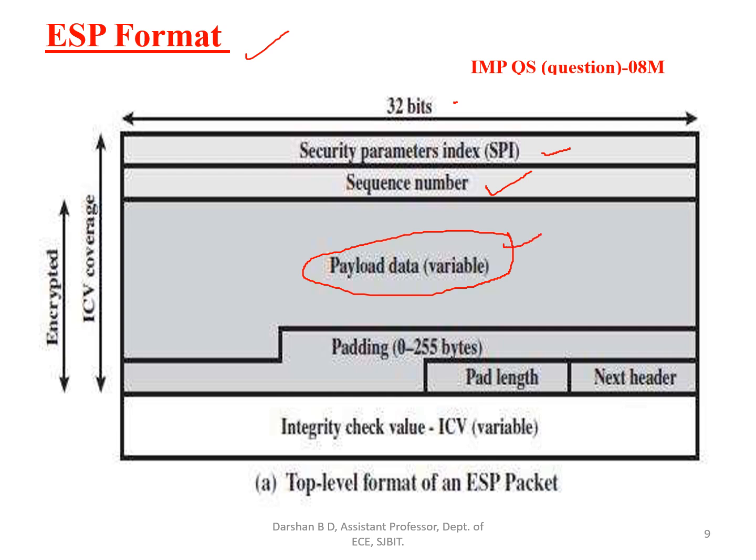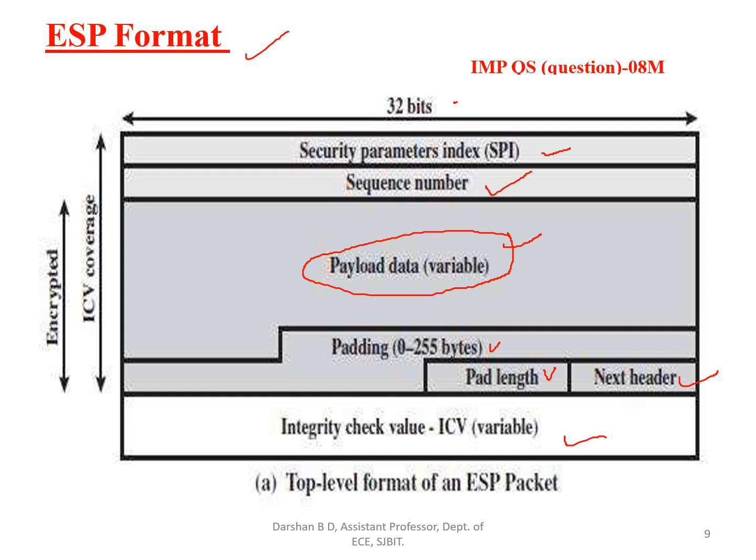Then padding, which can vary from 0 to 255 bytes. Then we have the pad length and the next header. After that we use the integrity check value, ICV, which is also variable. Here you can observe the encryption and ICV coverage.